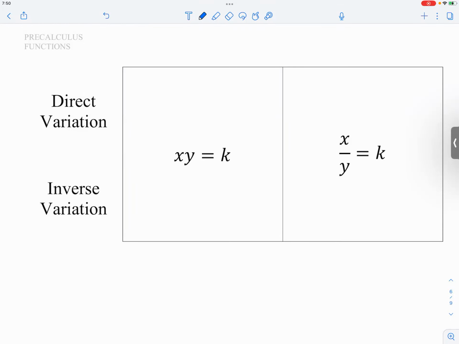All right, so how many of you think that x times y equals k is a direct relationship or direct variation? Nobody. How about x over y equals k is a direct variation? Okay, I see some hands. All right, now, I'm not sure if you remembered this.